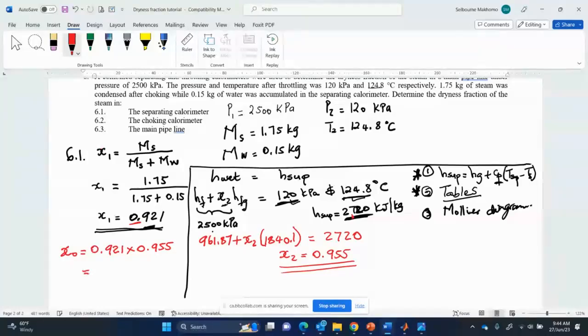The answer is 0.955 multiplied by 0.921, which is 0.87995. So you can see that X0 is 0.88.